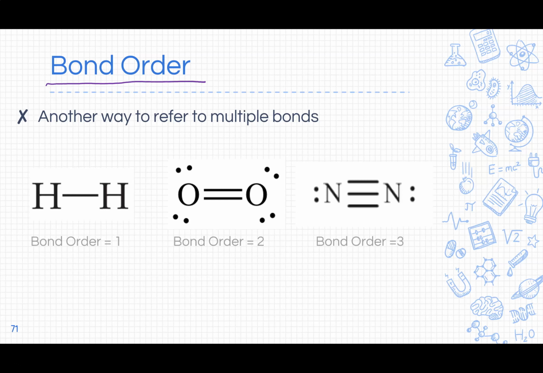The bond order of hydrogen is 1, the bond order of oxygen is 2, and the bond order of nitrogen is 3. So bond order just refers to how many bonds there are. It's just another way of saying single, double, or triple bond. I just wanted to make sure I threw that vocabulary out, so in case we see that word, we don't feel like we don't know what it is. Bond order is just referring to how many bonds we have between 2 atoms.